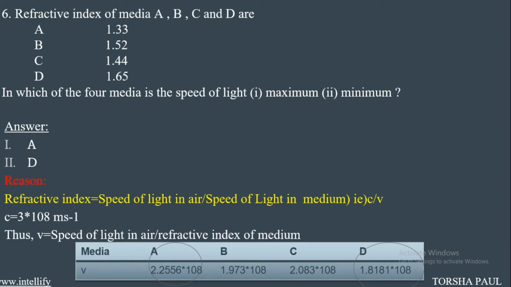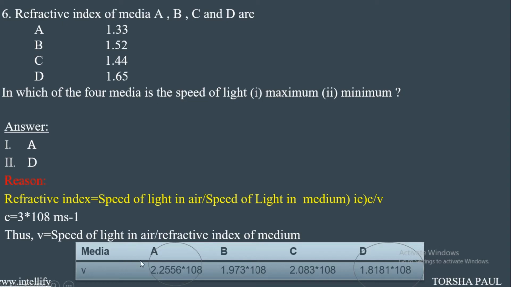Therefore, here in this question, refractive index is given and we have to calculate the V, that is speed of light in medium. So that only we will define which is maximum and which is minimum. Okay. Therefore, V is equal to C, that is speed of light in air divided by refractive index. You have to calculate the value of V in each media. Okay.